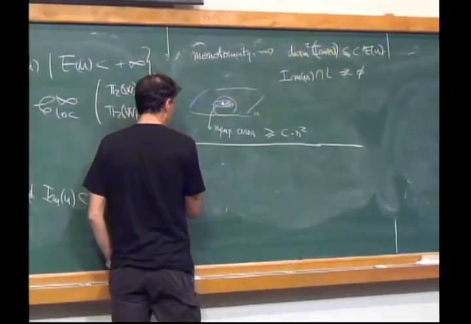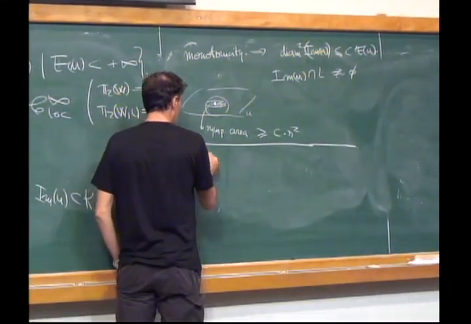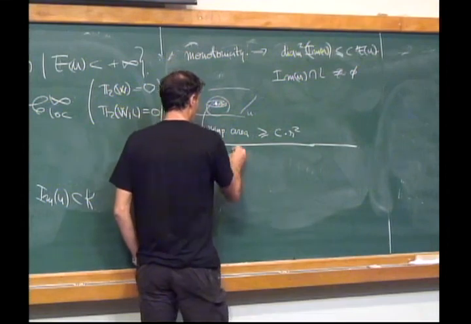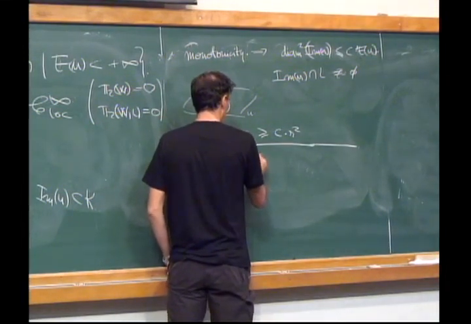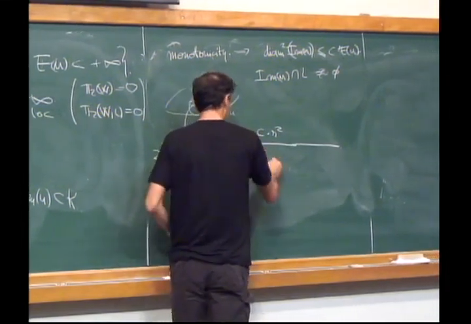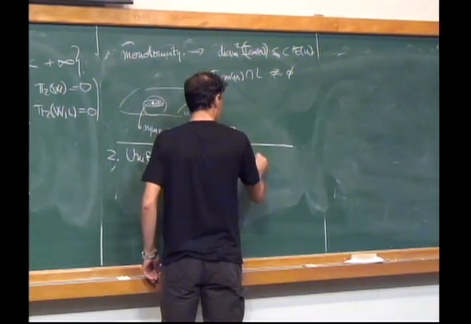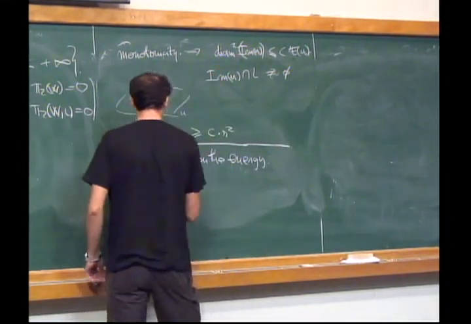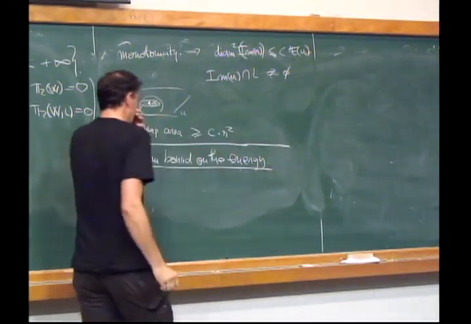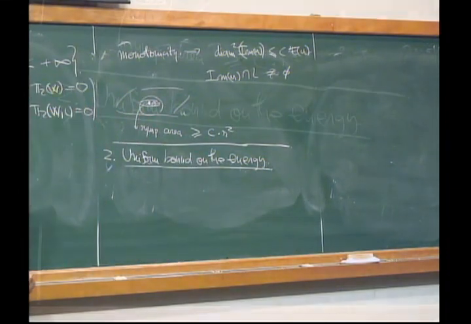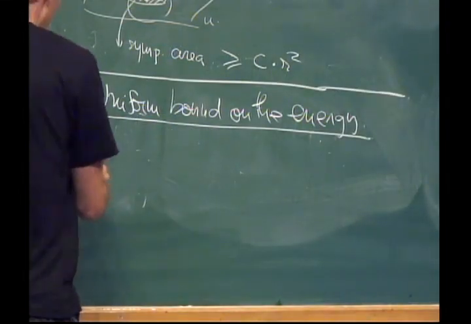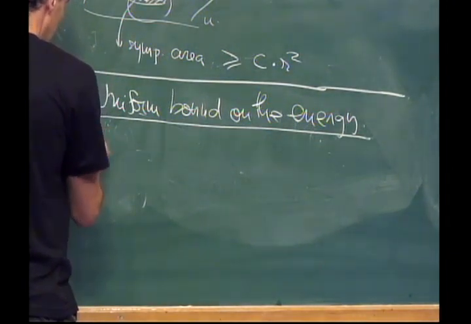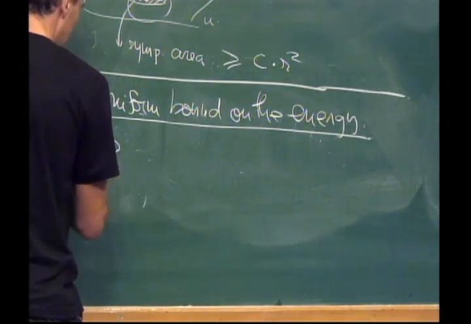The second one is you need a uniform bound on the energy. Now, how do you get this uniform bound on the energy? This comes from the following proposition.